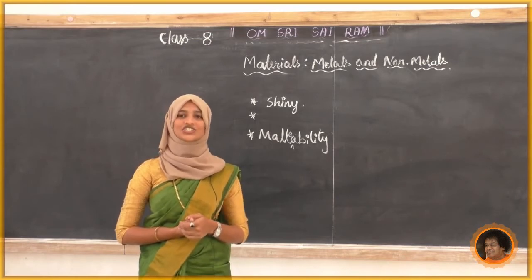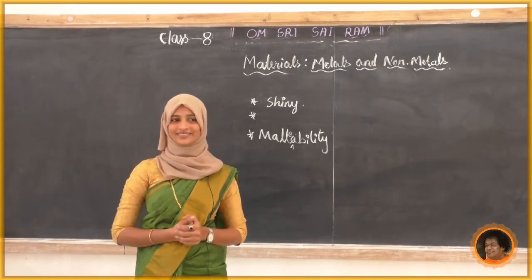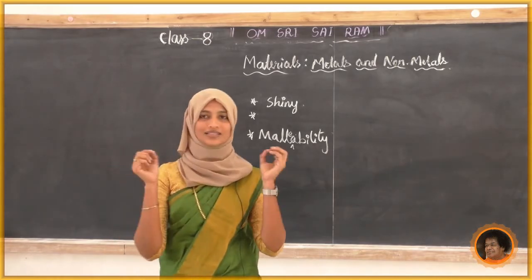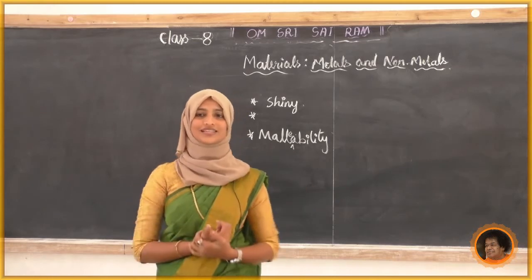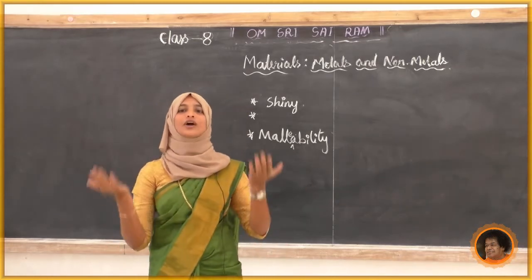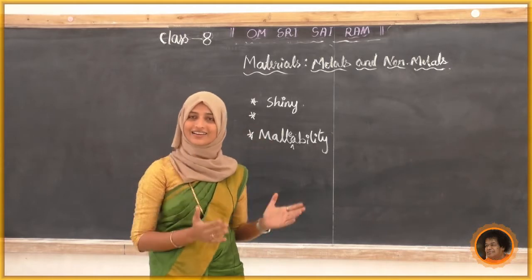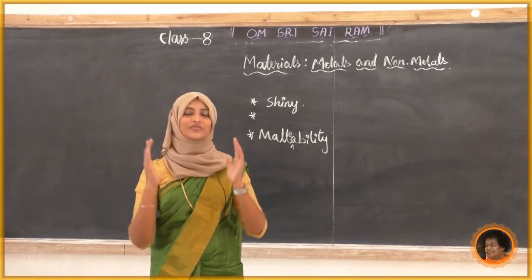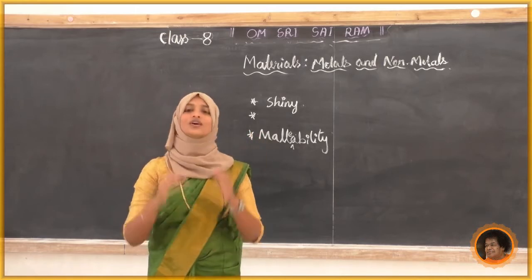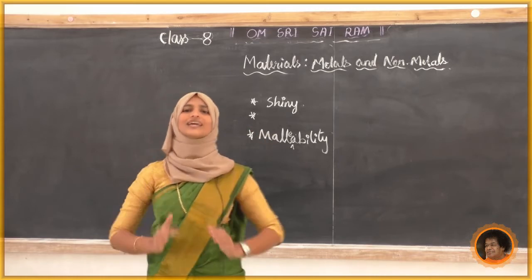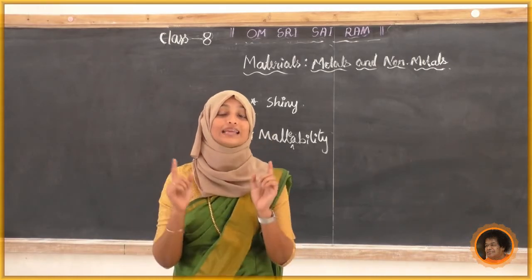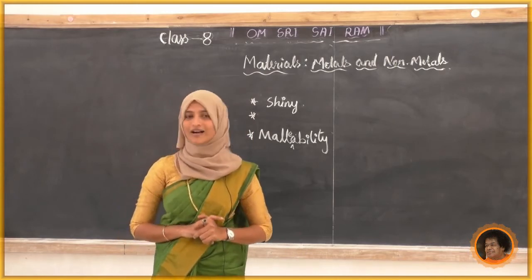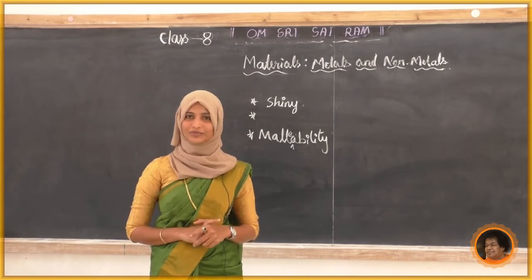It won't change its shape, it will break. Similarly, if you try to beat a piece of coal or a pencil lead, we won't get such a result. Instead, if you beat iron, silver, gold or aluminium, we will get a sheet. So we come to know that only metals have the property of malleability, but non-metals do not have such a property. Come to know now?